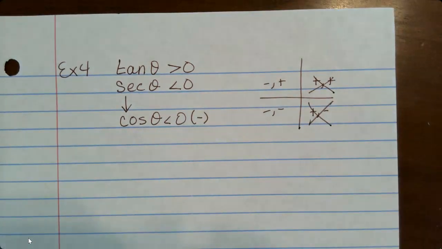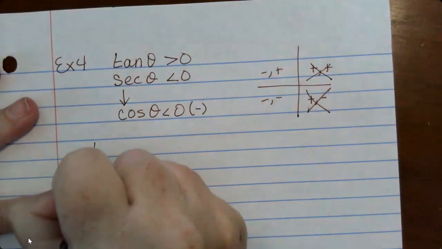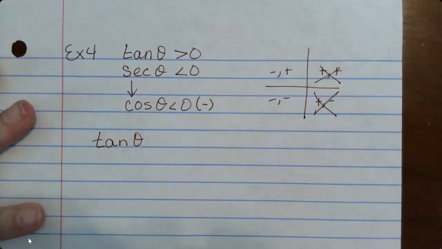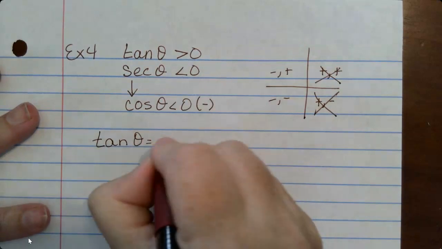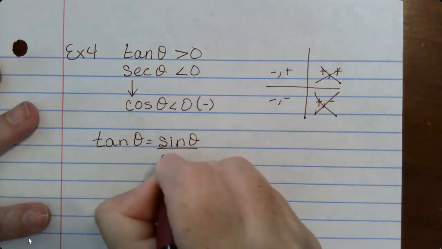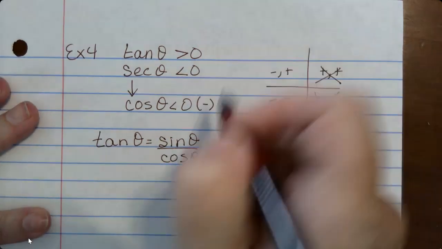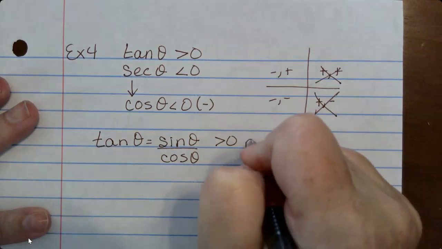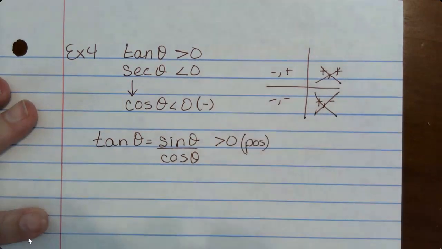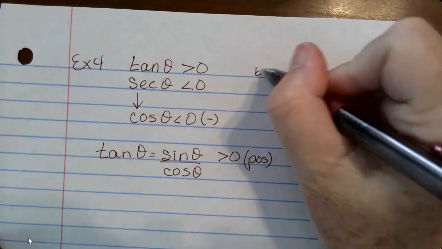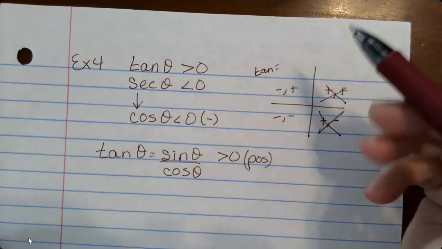Okay, so now let's deal with tangent. So remember, the formula for tangent is sine over cosine. And I want this to be greater than 0. So what I'm looking for is a positive answer. Okay, so here we go, tangent. We're going to calculate tangent here with no numbers.